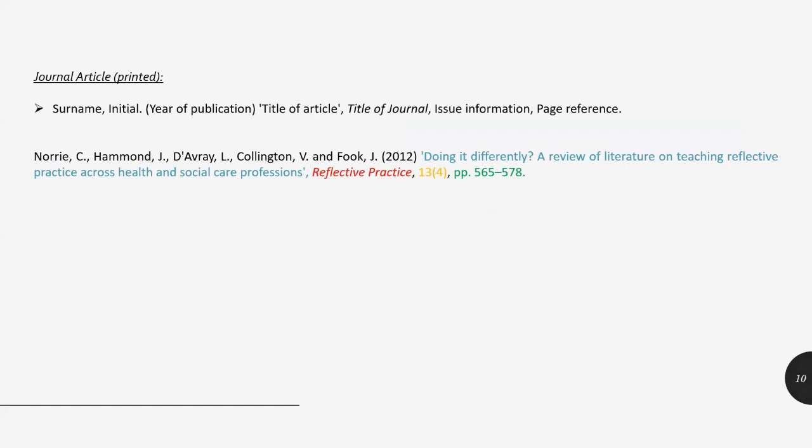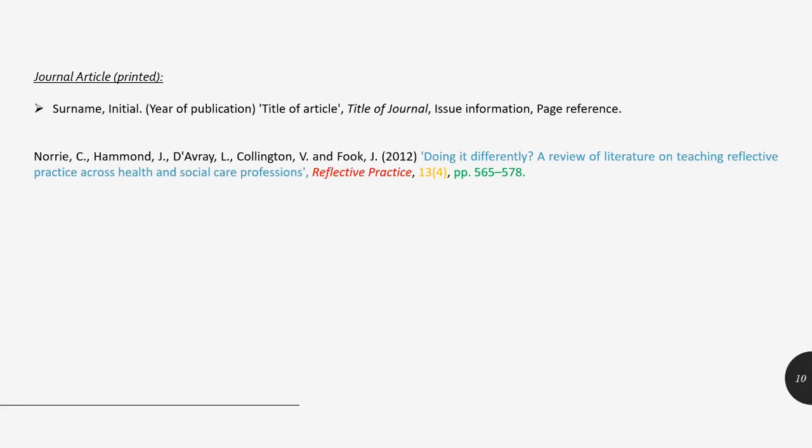Now, let's have a look at the full reference list, how the references are written. This kind of referencing pattern will be found in your reference list, which is at the end of your report. So for instance, the first source we are going to have a look at is the journal article, which is printed. One thing that you need to remember about Harvard is that in the reference list, we always use only the surname and the initial of the author.